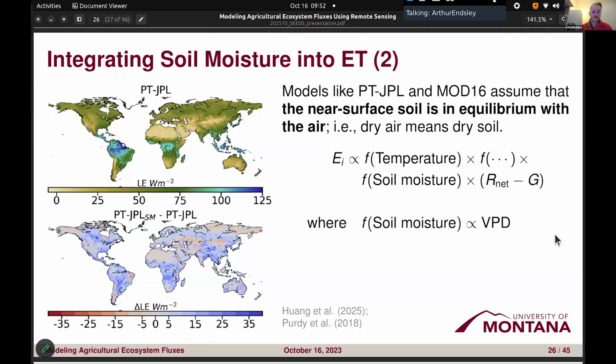But the difference in that lower left-hand plot, in watts per meter squared, is actually within the error of our ability to measure ET fluxes using eddy covariance towers. So soil moisture could be an important constraint, but we're not actually seeing that in the models just yet.